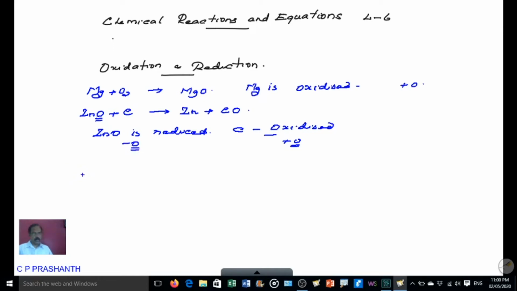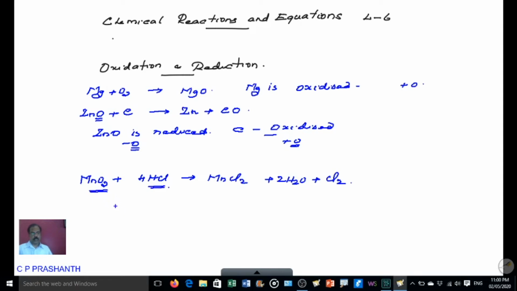Another example, this is manganese oxide, MnO2. Manganese oxide plus hydrochloric acid, and the products are MnCl2, manganese chloride, plus water plus chlorine. Now observe this reaction and see which substance is getting oxidized and which substance is getting reduced.